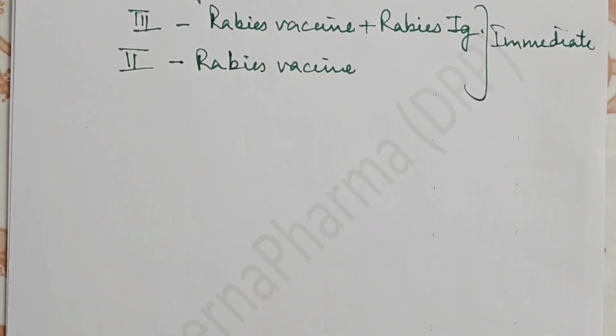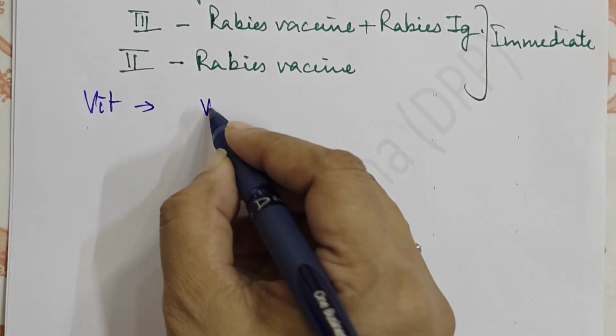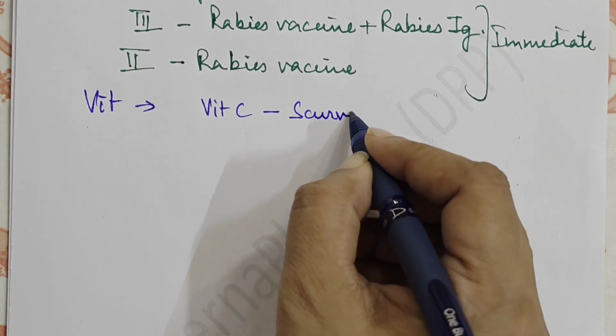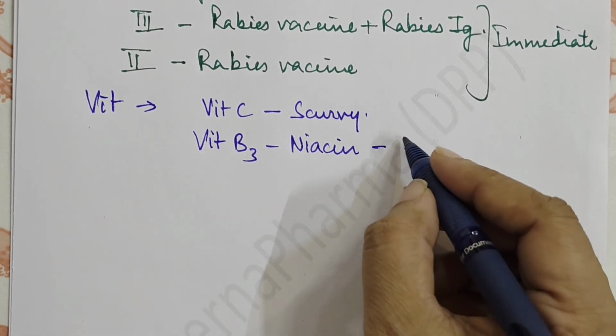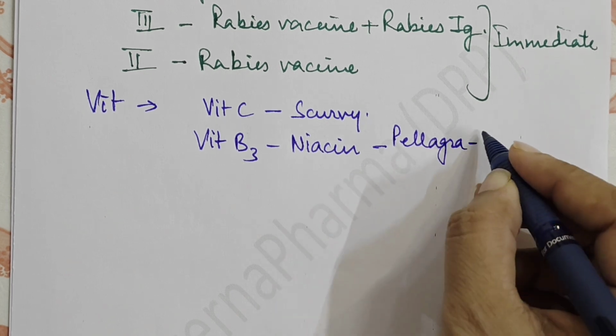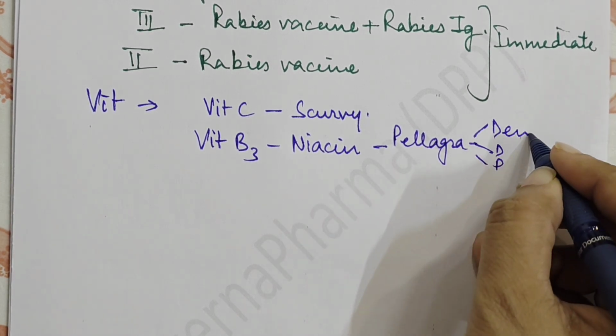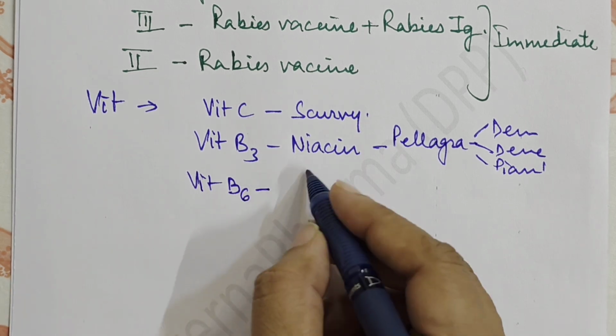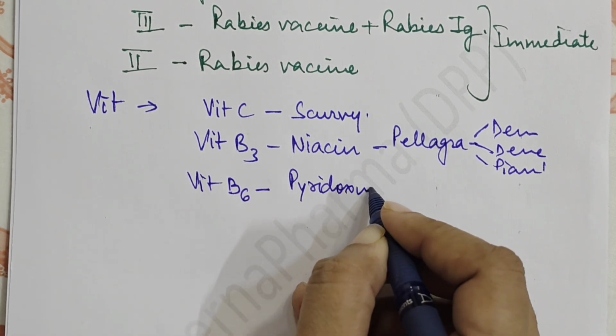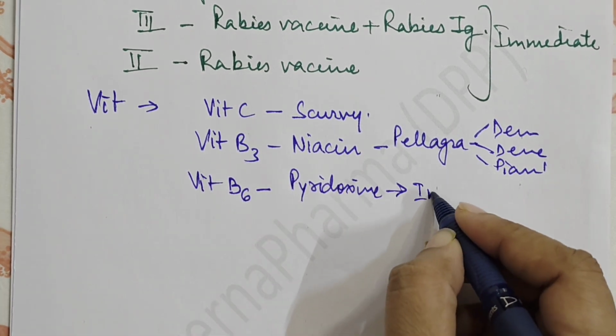Okay. Then a little bit about vitamins. You know that vitamin C deficiency causes scurvy. Then vitamin B3 is niacin and its deficiency causes pellagra, which is characterized by 3D, that is dermatitis, dementia and diarrhea. Then vitamin B6, which is pyridoxine, and its deficiency occurs when the patient is on INH.